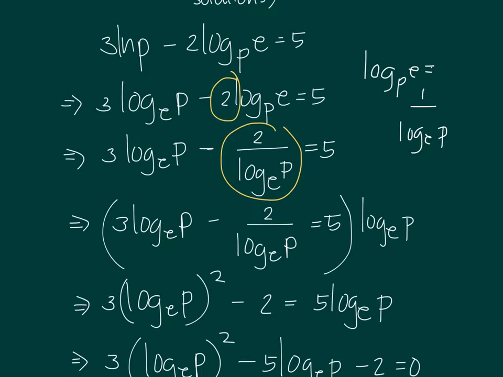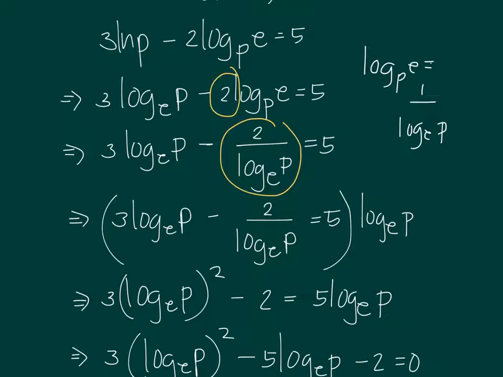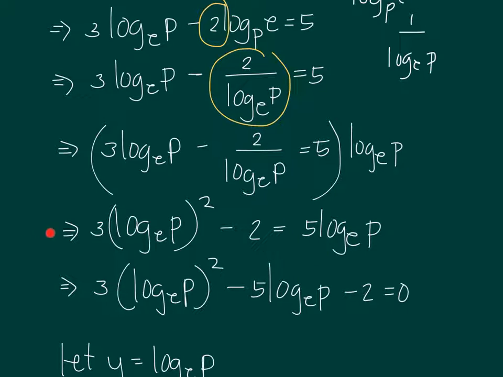From there, you solve this equation by multiplying log base e of p on both sides. We're trying to avoid denominators here so that we can easily solve the equation. When you do that, you should be able to get this. That's 3 log_e p times log_e p, so you get the square of log_e p. And then there's no more log_e p on the second term.